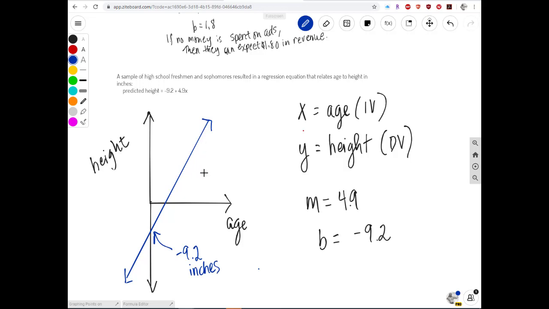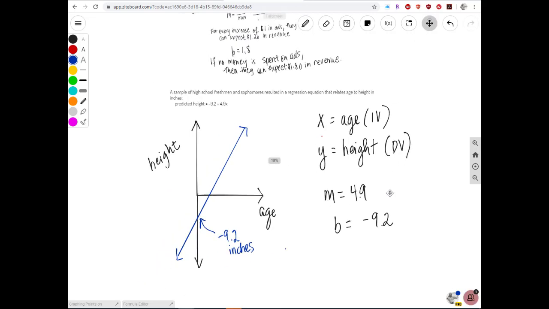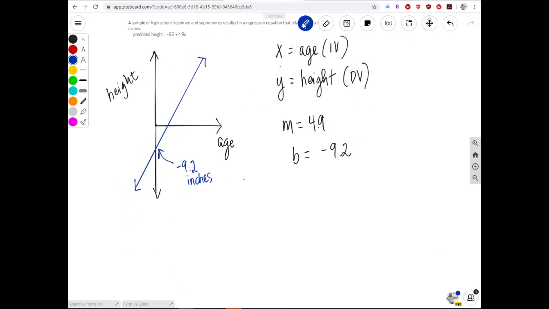All right, so let's look at the slope first. For the slope, I can say that I have this slope, right? This is my rise, and this is my run. So for every 1 year of age, a student can expect to grow 4.9 inches. So that would be my interpretation.